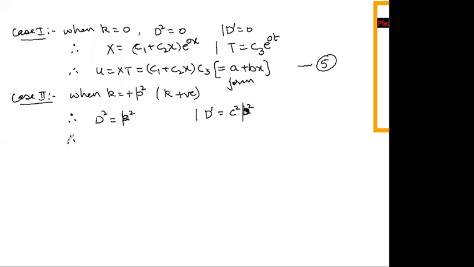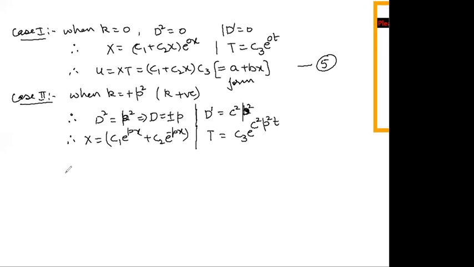Therefore, capital X will be what? Here it is c1 e to the power, here D is equal to plus minus p. So c1 e to the power px plus c2 e to the power minus px, and here capital T is c3 e to the power c square p square t.